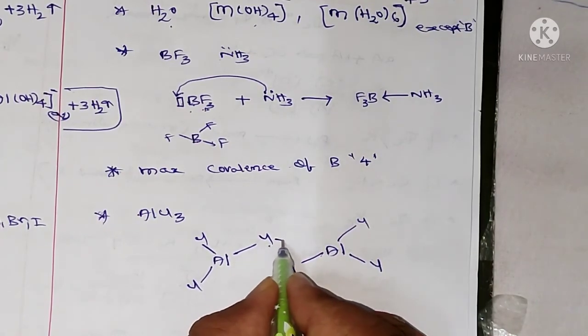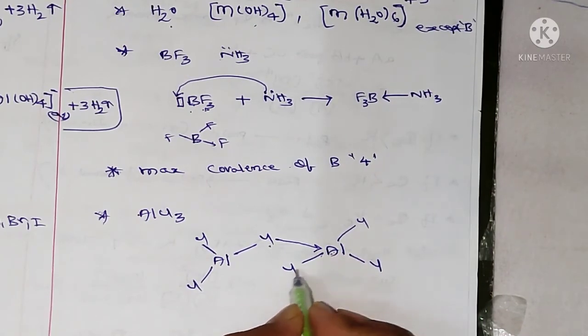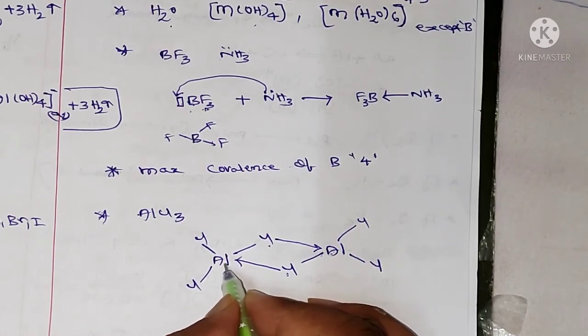The chlorine donates its electron pair to the aluminium of the other molecule, and the other chlorine also donates an electron pair to the aluminium of the other molecule.